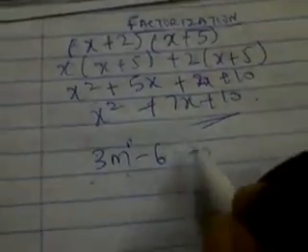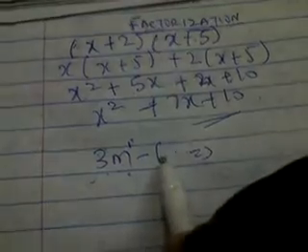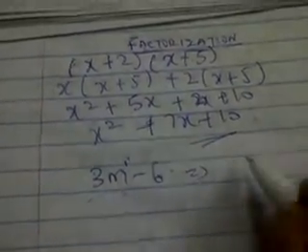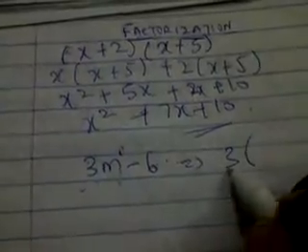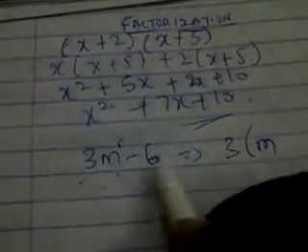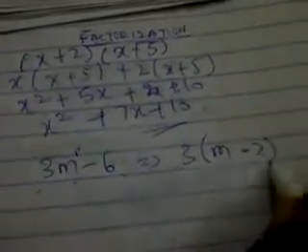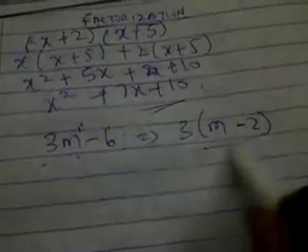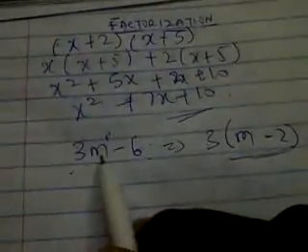For this one, we'll ask ourselves what's common between 3m and 6. You find out that it's going to be 3. So you have 3 into 3m divided by 3 is m, then minus 6 divided by 3 is minus 2. So you have 3 into m minus 2.